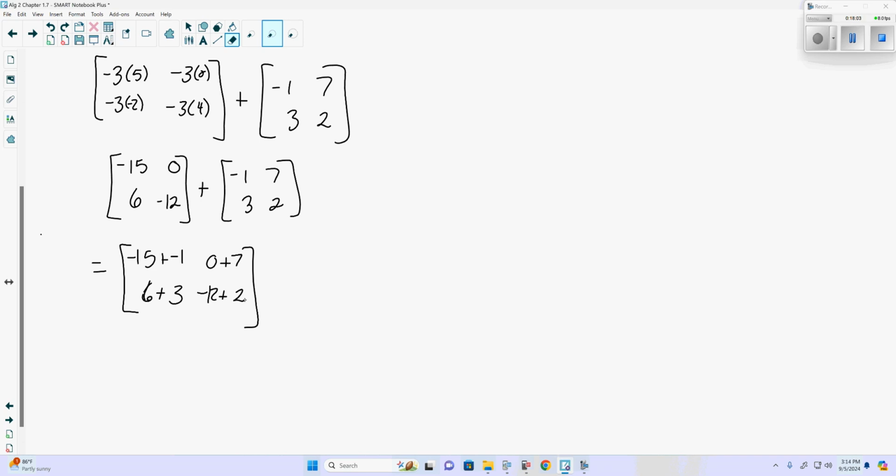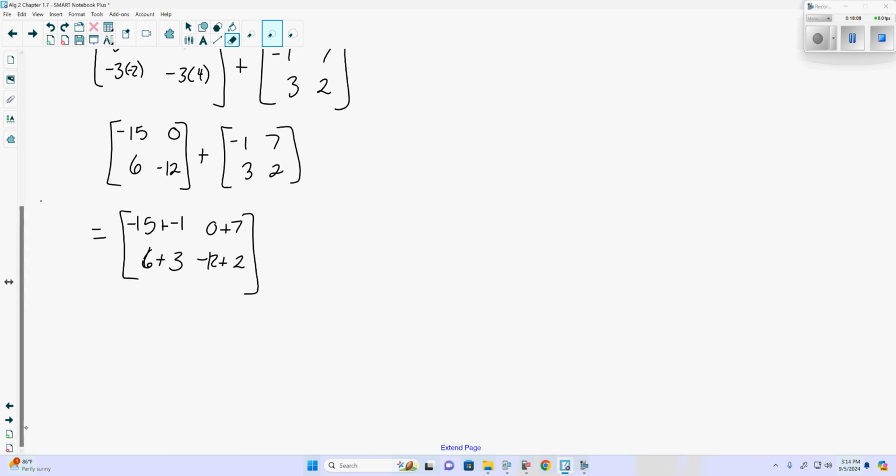I dropped a negative. And if we add these together, negative 15 plus negative 1 is negative 16, 0 plus 7 is 7, 3 plus 6 is 9. And lastly, negative 12 plus 2 is negative 10. Questions on this here?